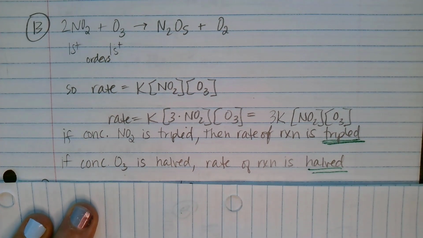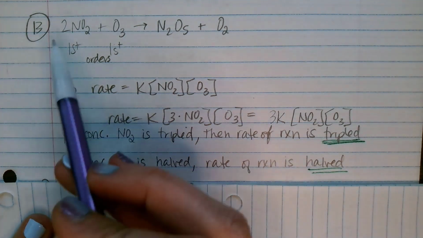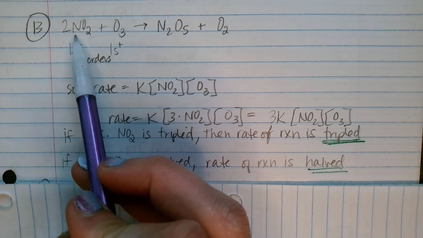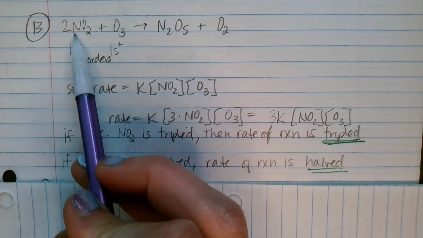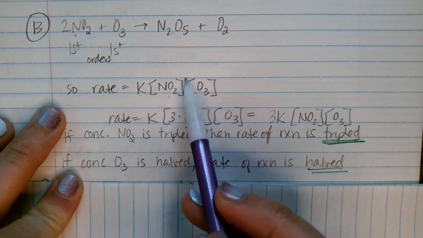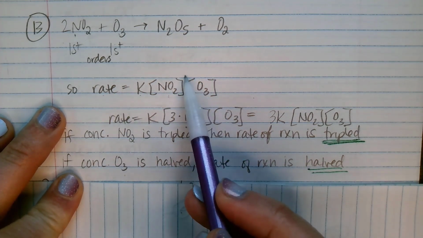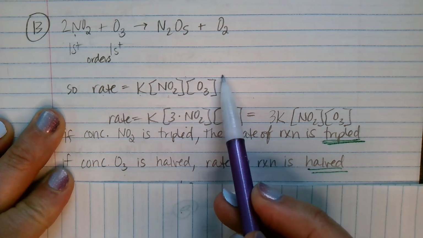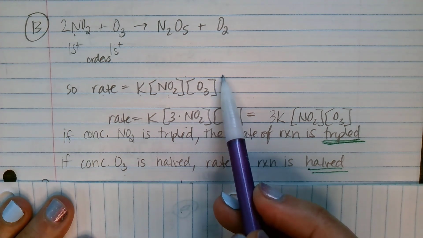Number 13, we're given a reaction between ozone and nitrogen dioxide. It's first order for both, so I'm going to rewrite it. The rate is equal to K times, here we go, nitrogen dioxide first order, ozone first order. So there's our rate equation.